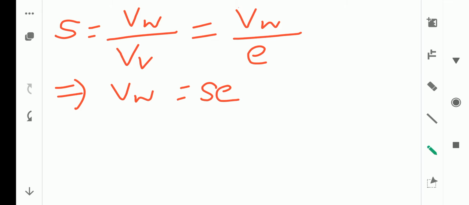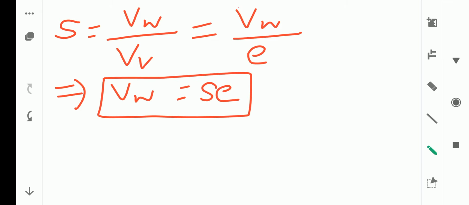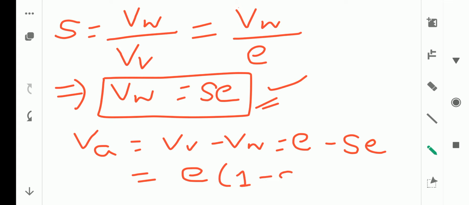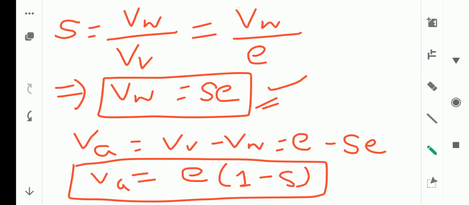So we have obtained this also, and it will be used later. What will be the volume of air? Volume of air is nothing but volume of void minus volume of water, that is e minus Se, because volume of void is e and volume of water is Se. So volume of air is equal to e(1 minus S). So volume of water and volume of air is what we have obtained here. It will be used.